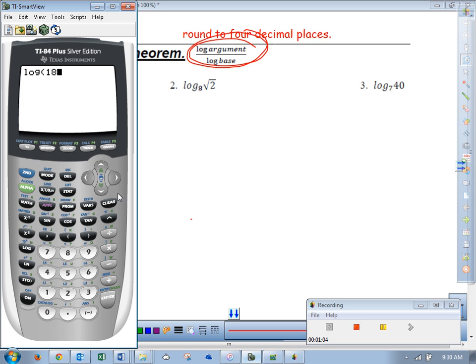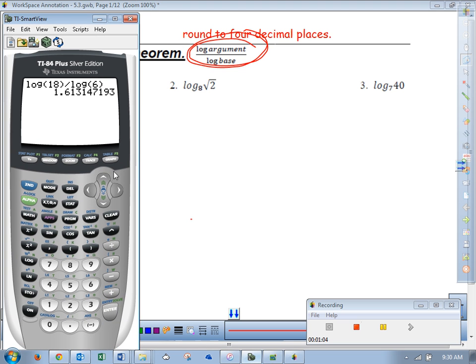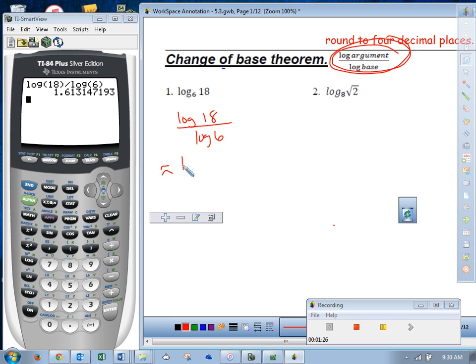You need to close that parenthesis so you can then divide that by the log of 6 and round that to 4 decimal places. So that is about 1.6131. Don't forget the approximate symbol.